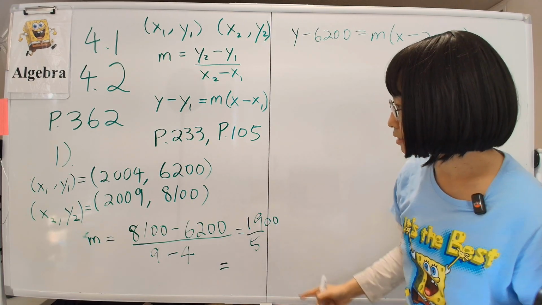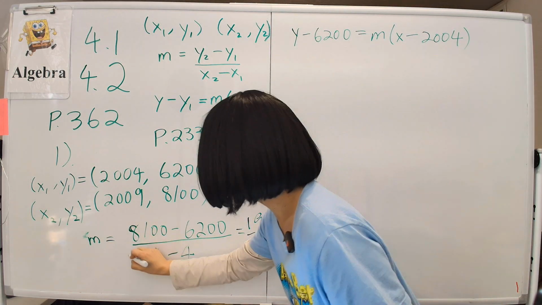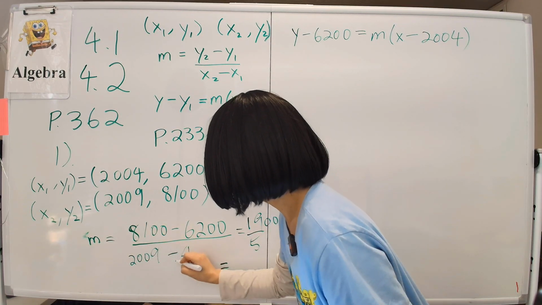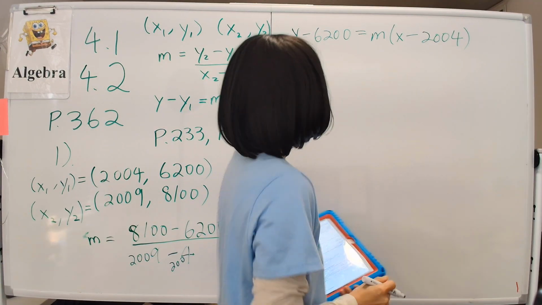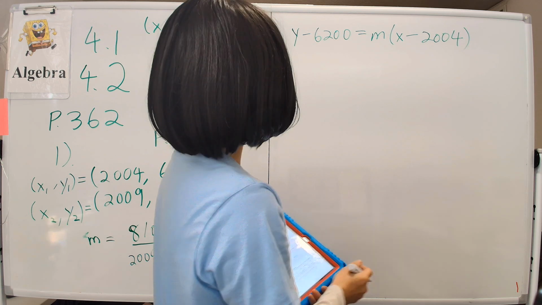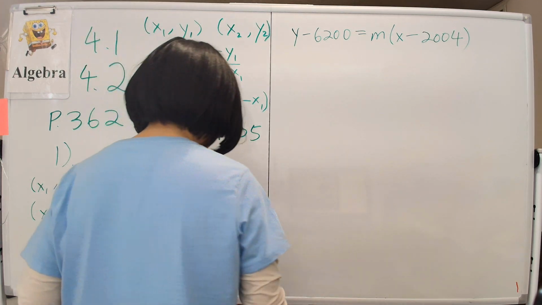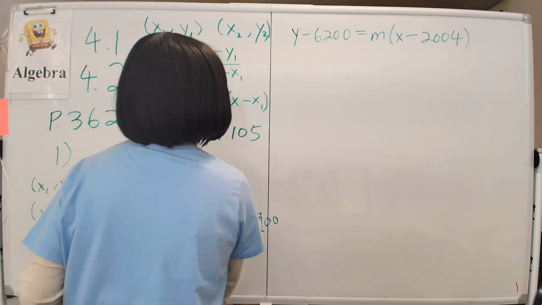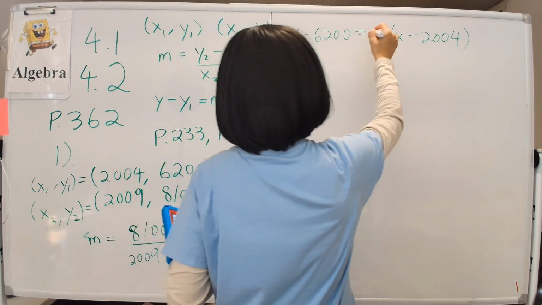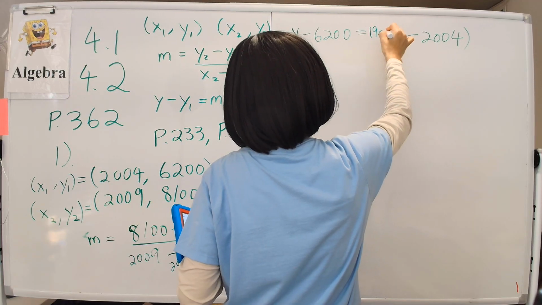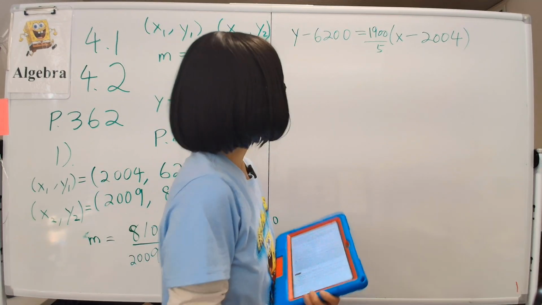So we have our equation, where we have calculated m equals 1900 over 5. M is 1900 over 5.